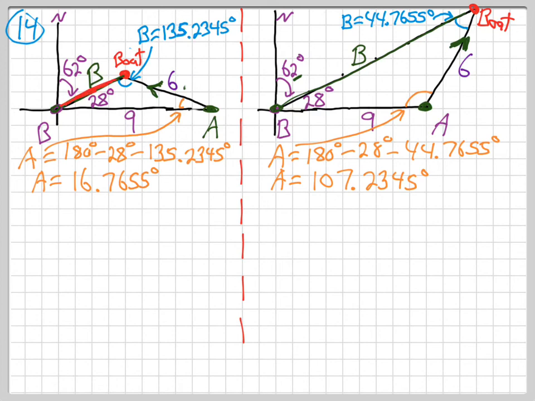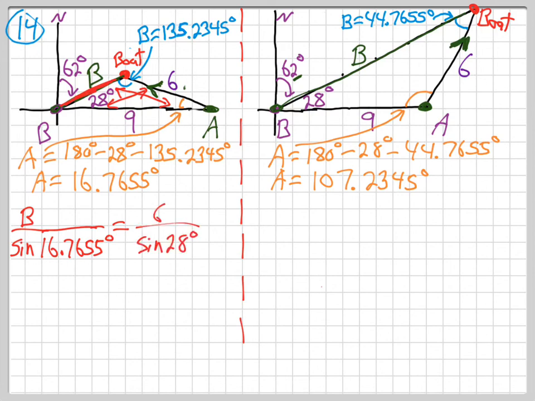How do we do it? Well, these two are across from each other, right? So I can say side B over the sine of that angle, 16.7655 degrees, has got to equal, and I can do the 28 and the 6, they're across from each other, 6 over the sine of 28 degrees.